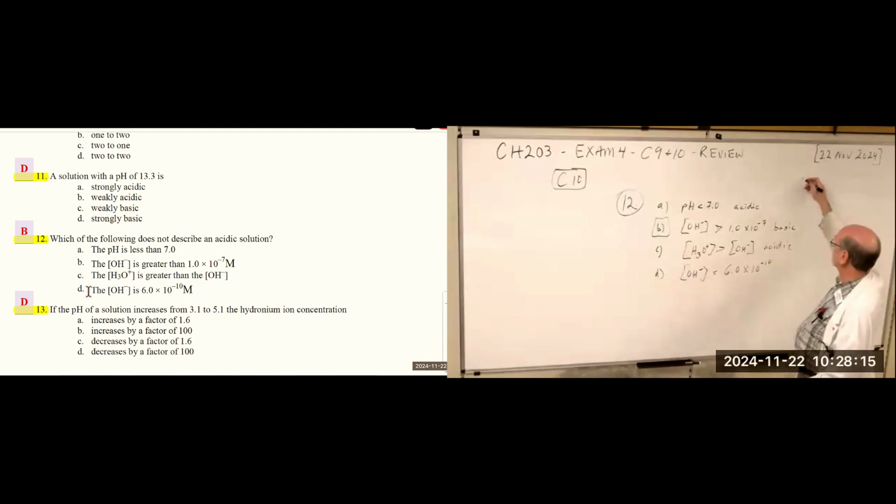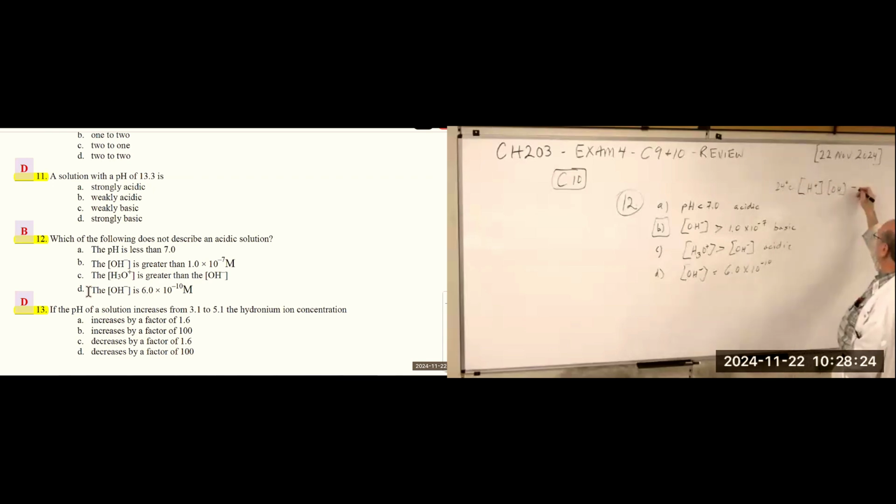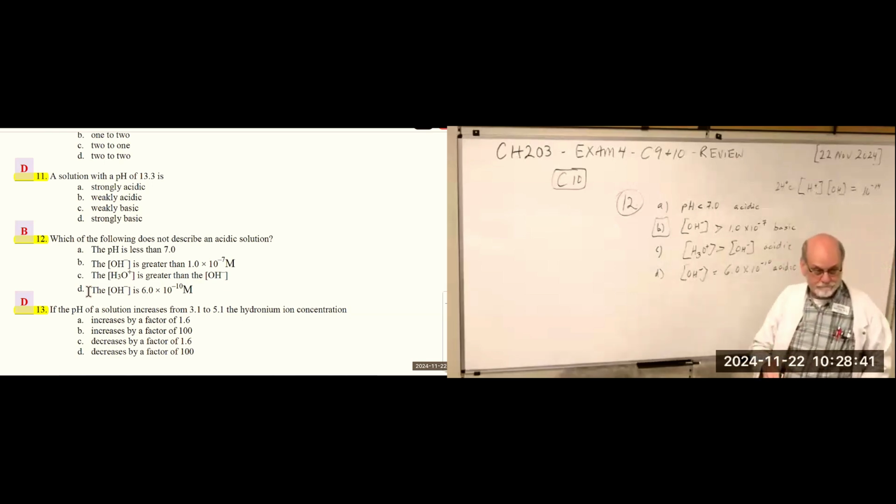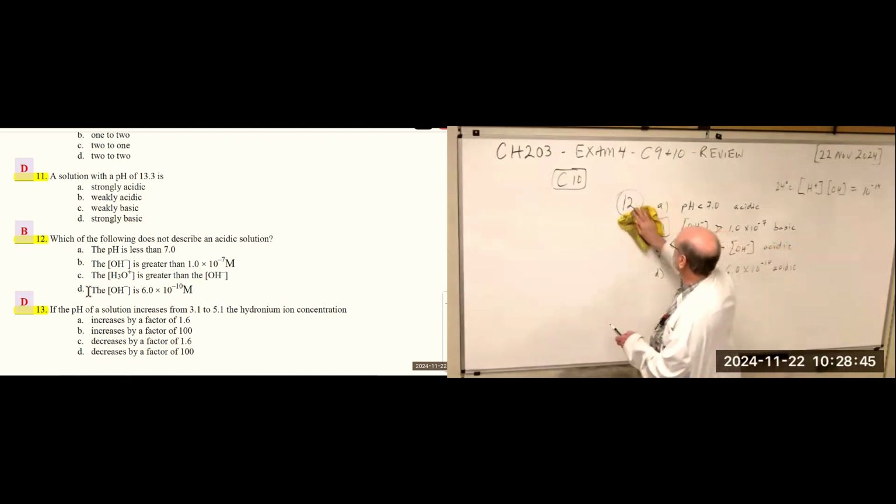Remember, hydrogen ion concentration times hydroxyls at 24 degrees C is always equal to 10 to the minus 14. So 10 to the minus 7, 10 to the minus 7. If this is much, much less than 10 to the minus 7, that means this one is much greater than 10 to the minus 7. That's acidic. Okay. All right. That was 12.